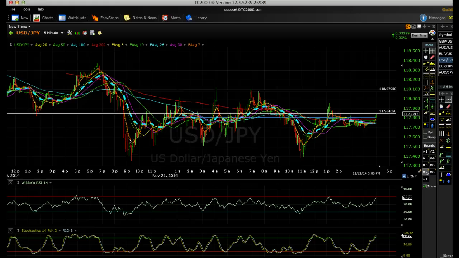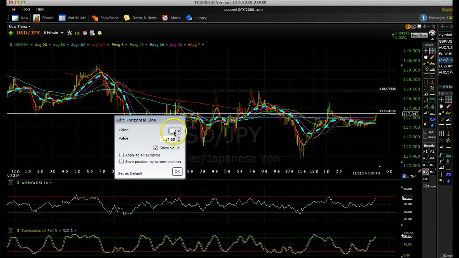I try not to delete anything, but what I do is if the lines or if the stocks actually trend back in this area, and I notice that it hits one level more than another level, then I'll color it.